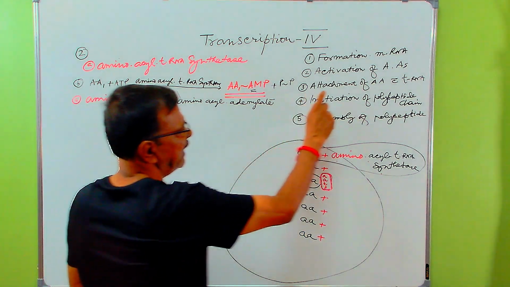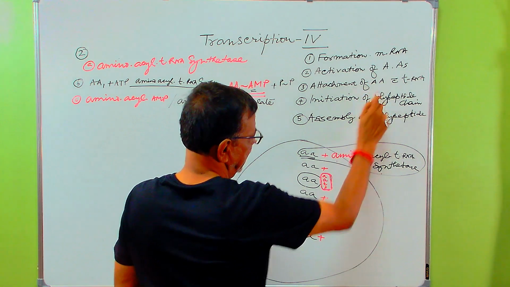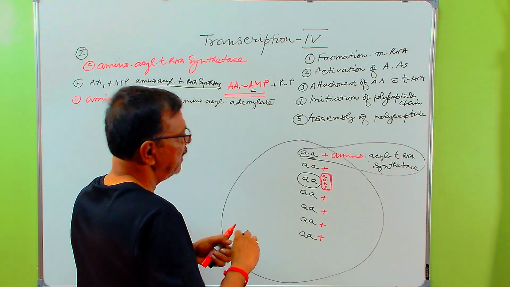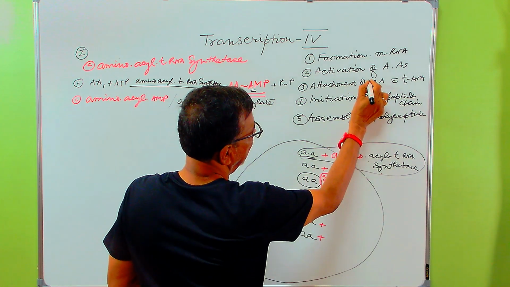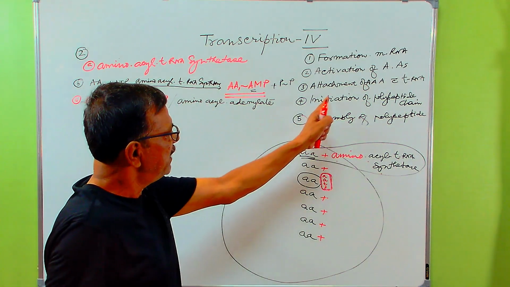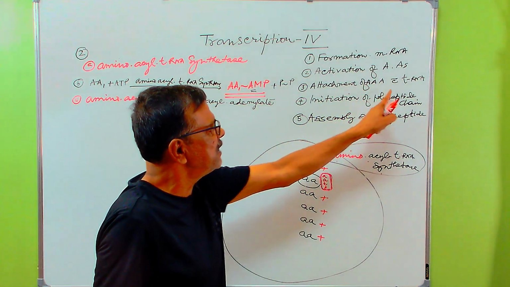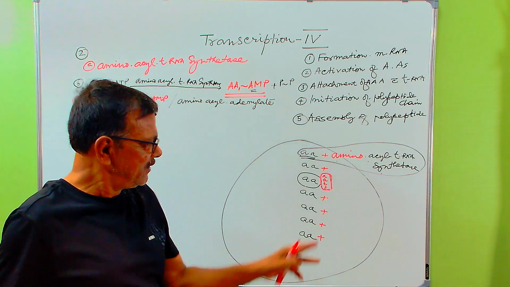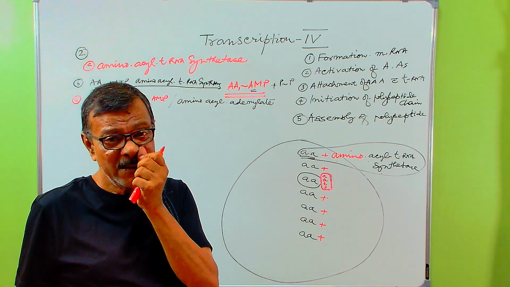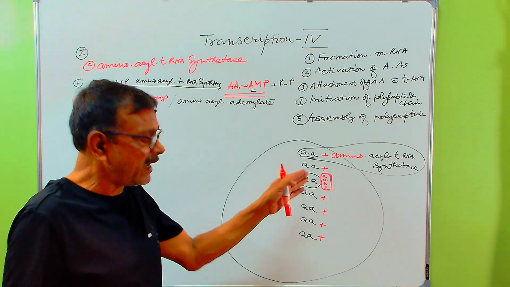Clear? Now attachment of this activated amino acid, you should write AAA. Then it will be clear. Attachment of activated amino acid with tRNA. Now this activated amino acid will join with tRNA, which will collect.